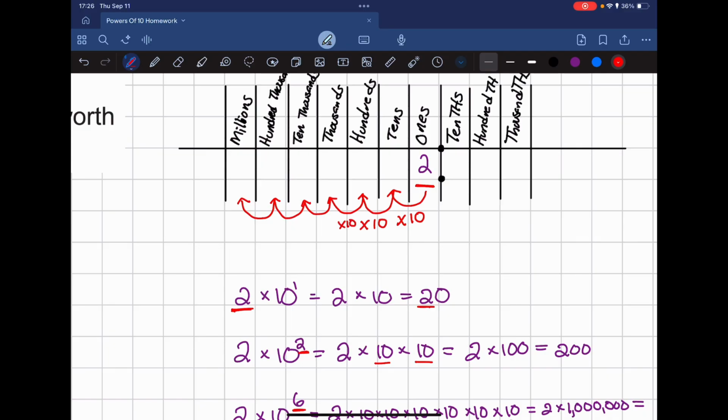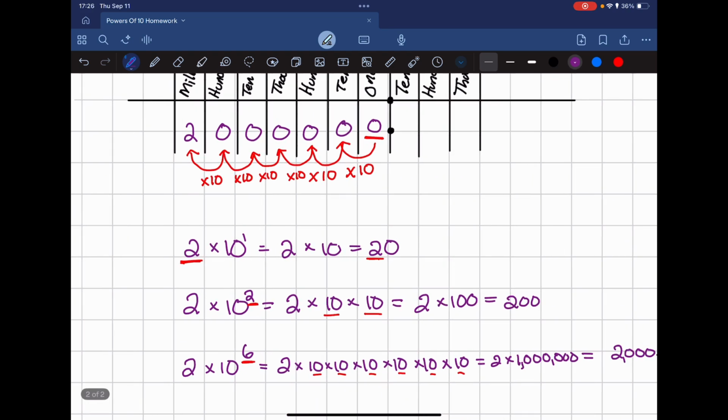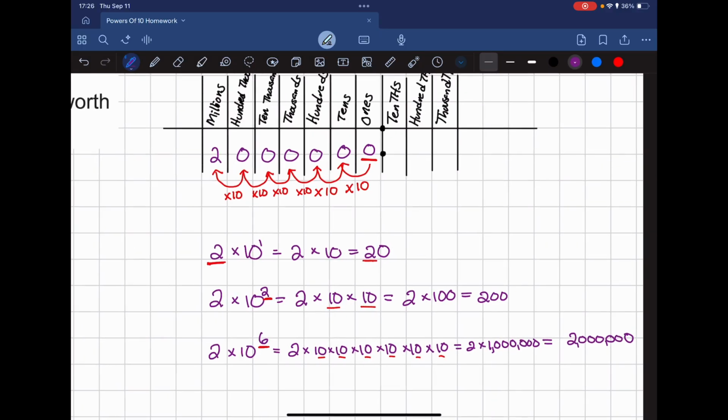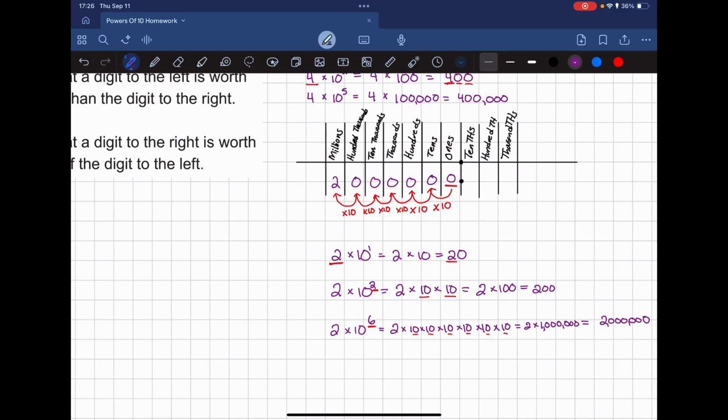So I've multiplied times 10 6 times. Okay? And when I do that, my 2 is shifting 3, 4, 5, 6 times. And my placeholders would be those zeros. So my number, as we already figured out down here, is 2 million. Okay?